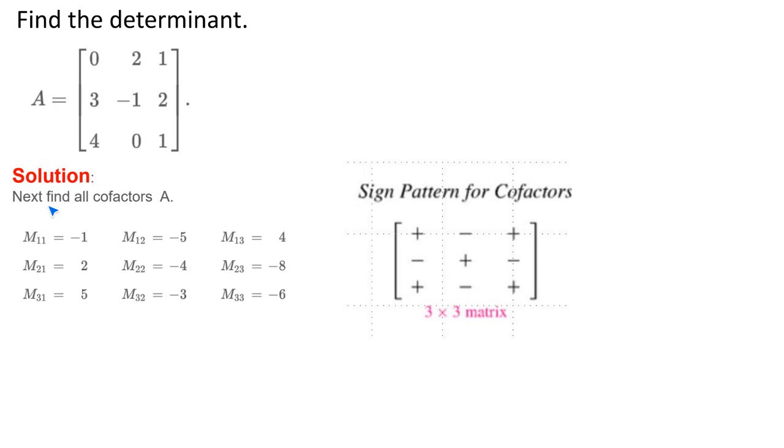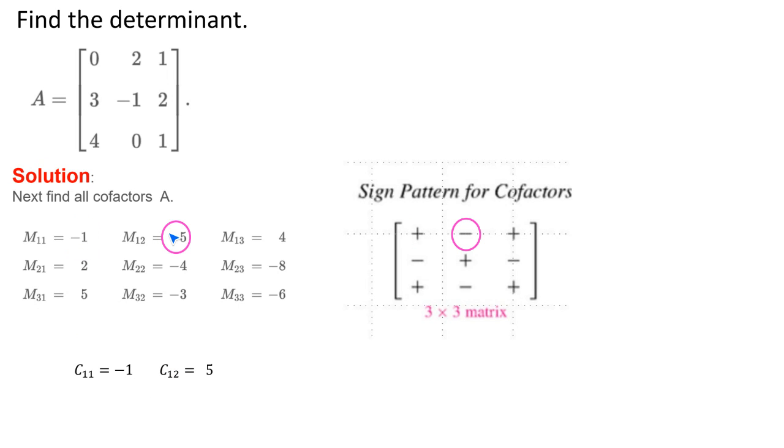and we're going to be looking at the signs. We're going to find what we call the cofactors of A, and we're going to use these signs here. If I take this number, -1, that's going to be my C11, C for cofactor. If you notice, row 1, column 1 is a -1. Then instead of M12, I'm just calling it C12.